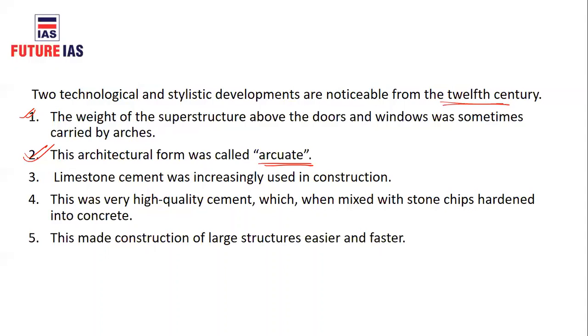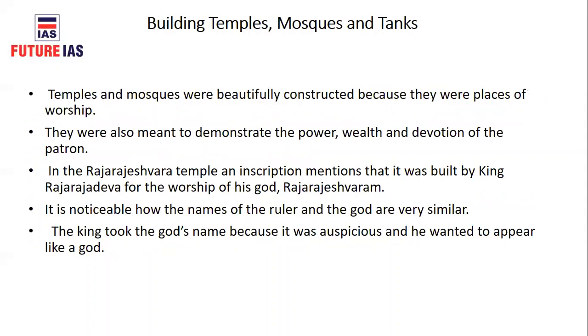You make concrete by mixing high-quality cement with fine aggregates, coarse aggregates, and water, which is placed on a proper footing, and then it becomes hardened and converts into the structure. All right. Such large structures can be easily built by the use of this limestone cement.